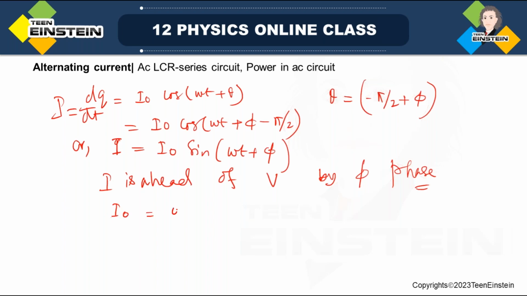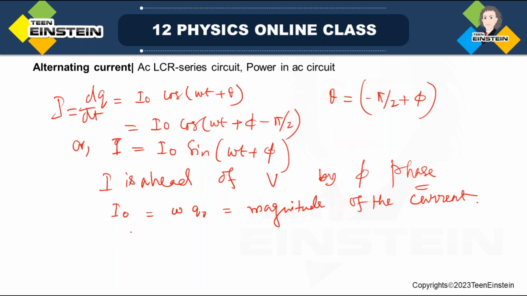I0 we have got omega q0. This is actually the magnitude of the current in the LCR series circuit.